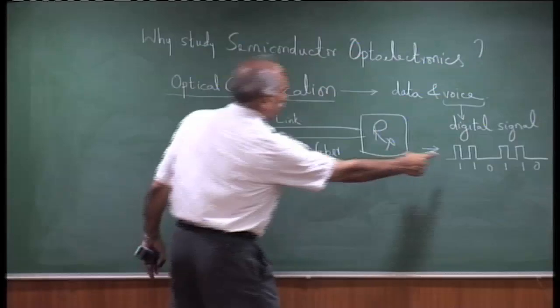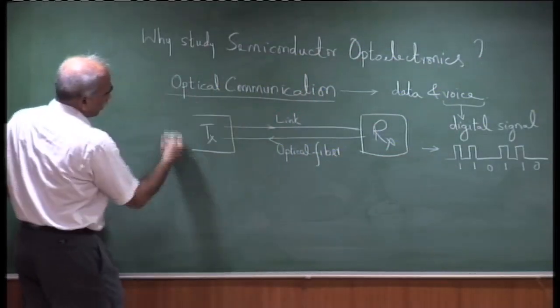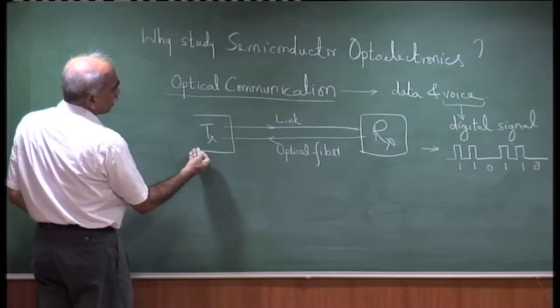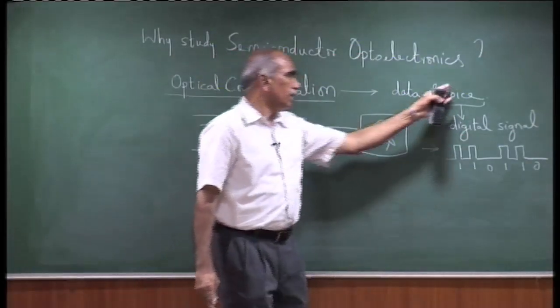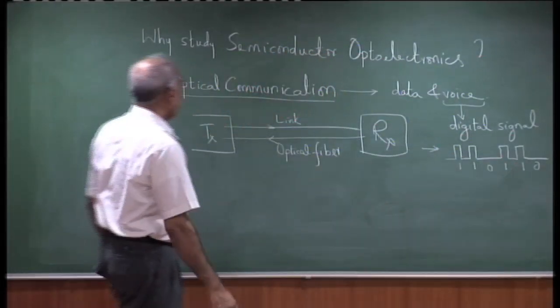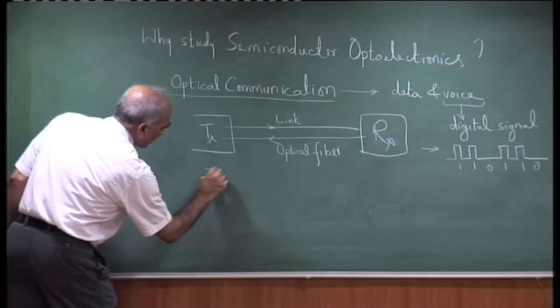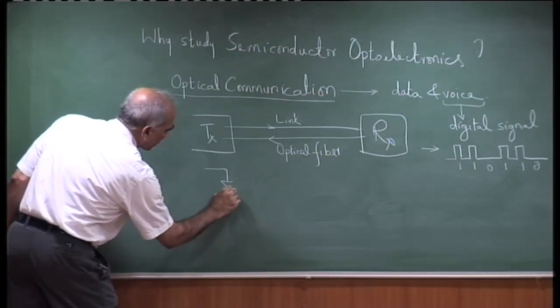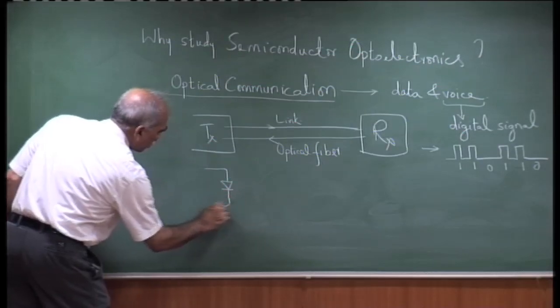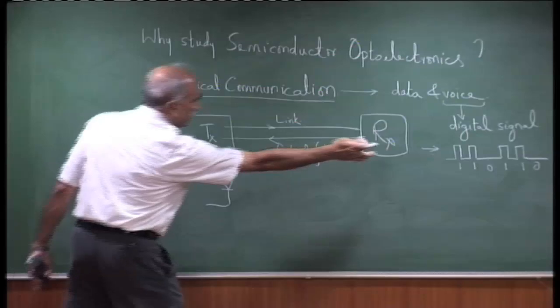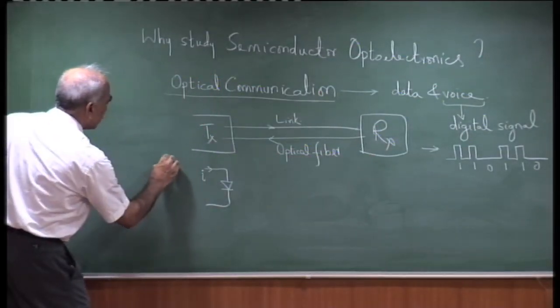So in this transmitter, the electronic processing part converts the voice signal into a digital signal, and the last component here is a light emitting diode or a laser diode, where the bias current I is modulated by the same digital stream.